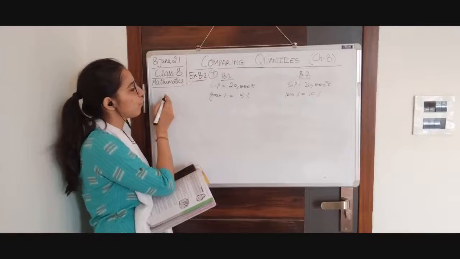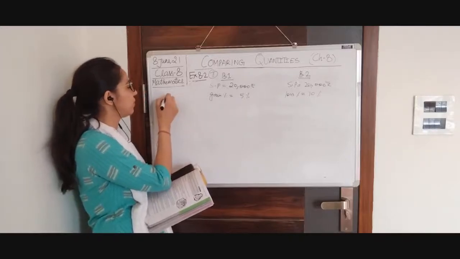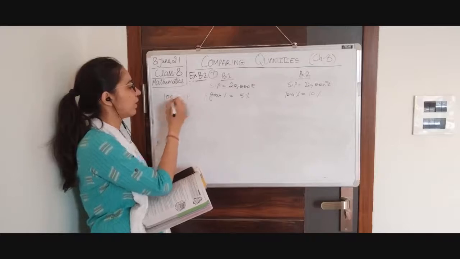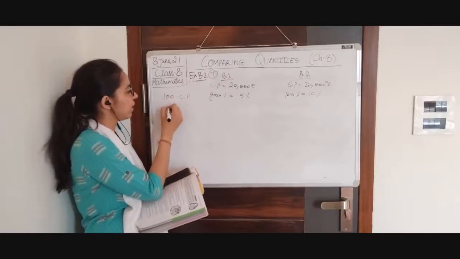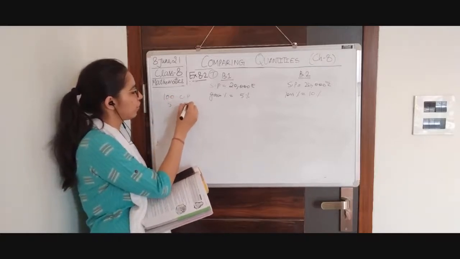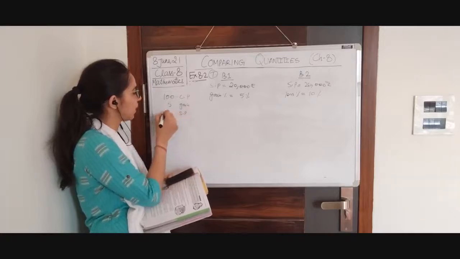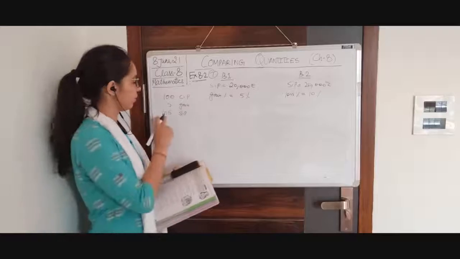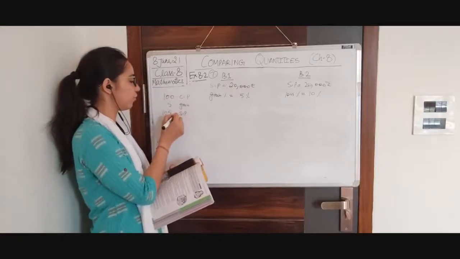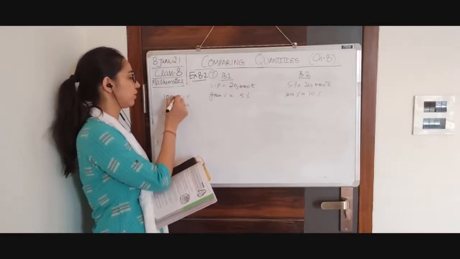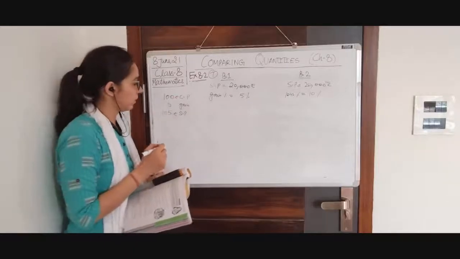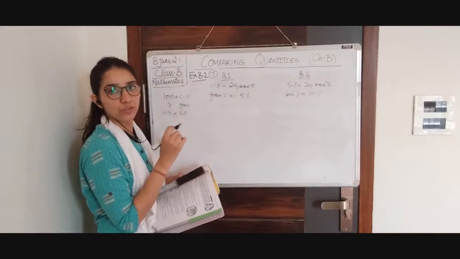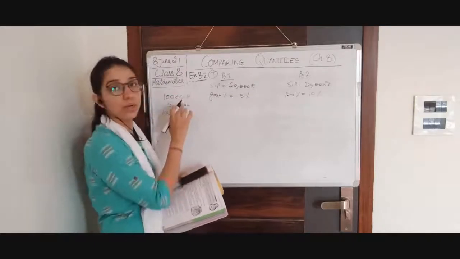If gain is of 5%, it means if cost was 100 rupees, he made a gain of 5, so his selling price is 105. ठीक है, if selling price was 105, his cost price was 100, and we are given that the actual selling price is 20,000, so we can find out the actual cost price.